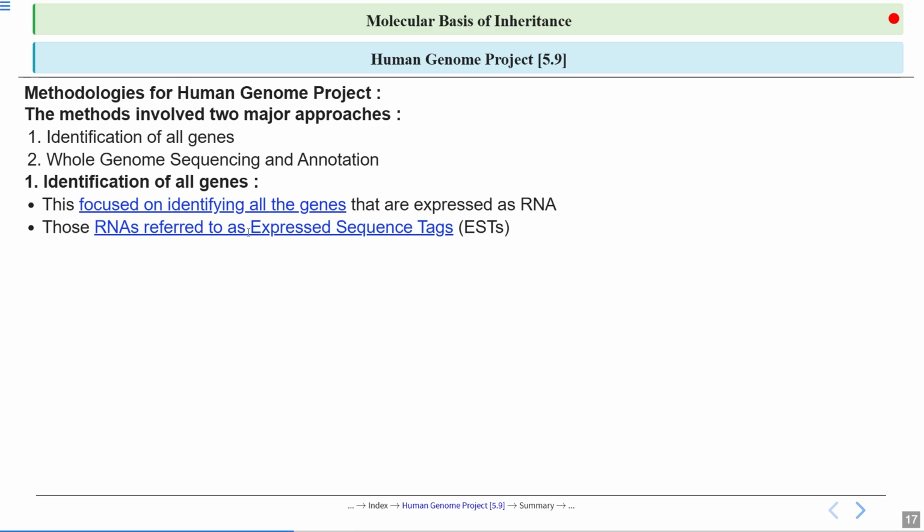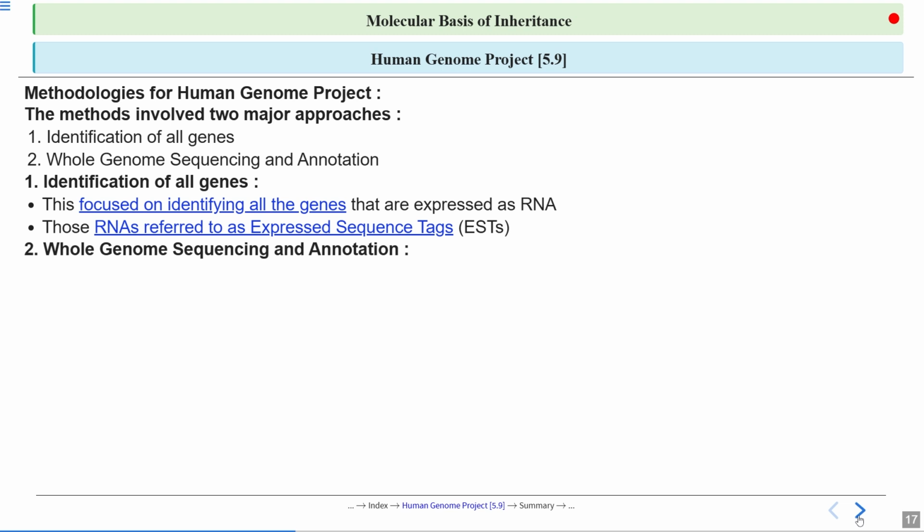These are important terms that you need to remember. What is an expressed sequence tag? It refers to the RNA of the gene that they want to identify, the gene that is expressed as RNA. So those RNAs are called expressed sequence tags.